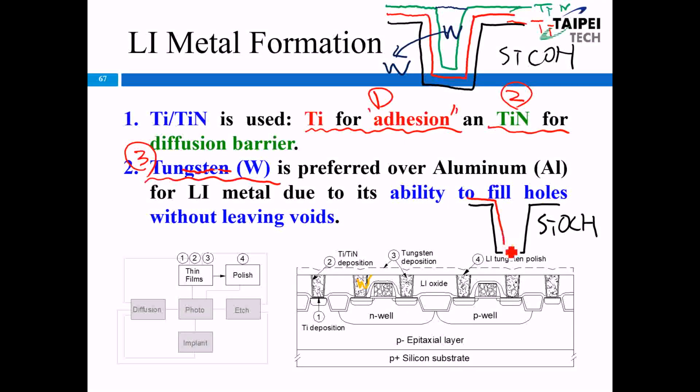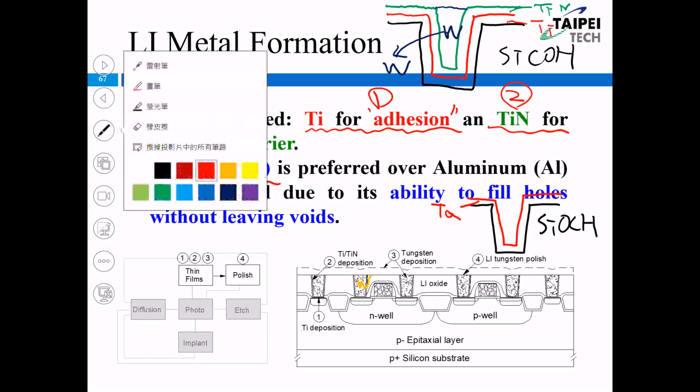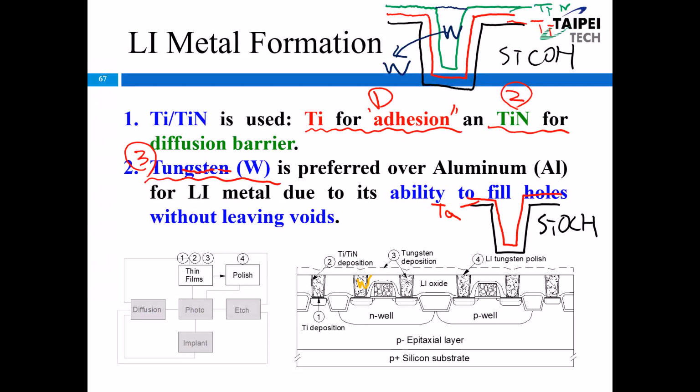The first layer, the adhesion layer for the copper, will be Ta, okay? And then, how about the diffusion barrier? The diffusion barrier will be TaN, okay? So right now, the metal here will be copper, okay?